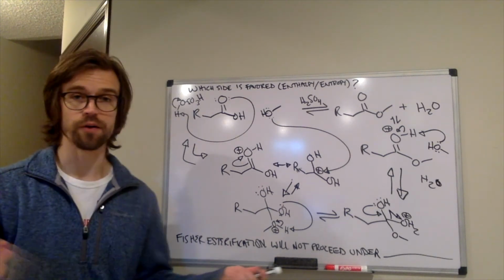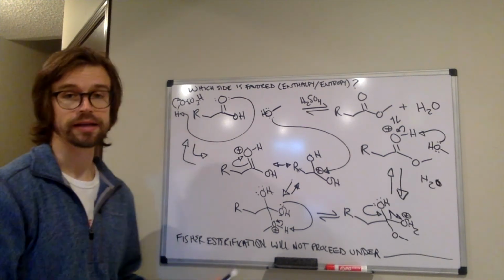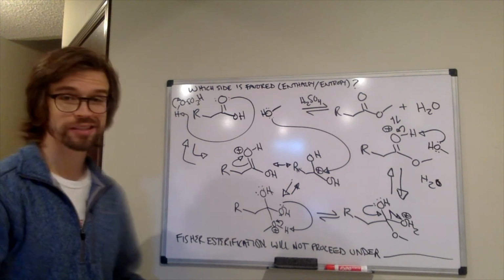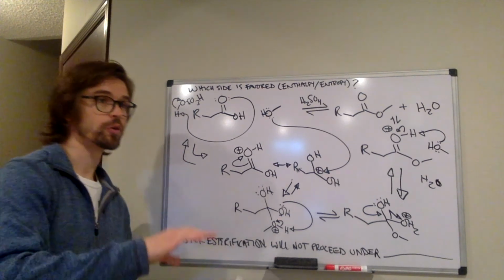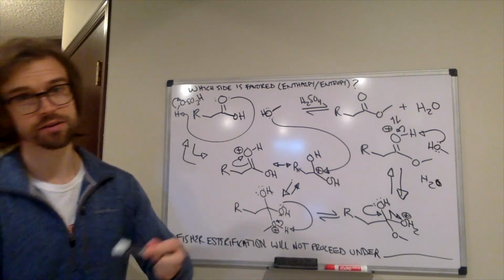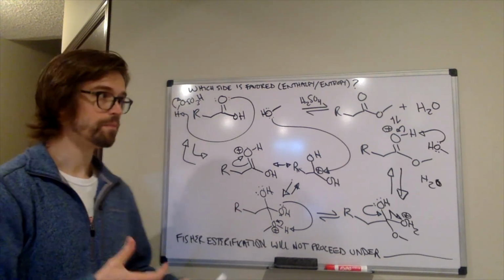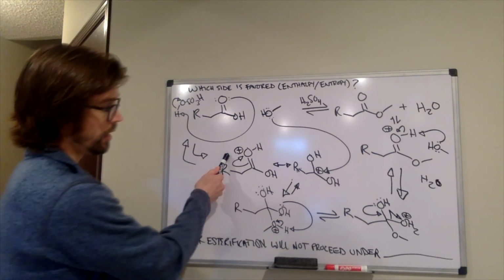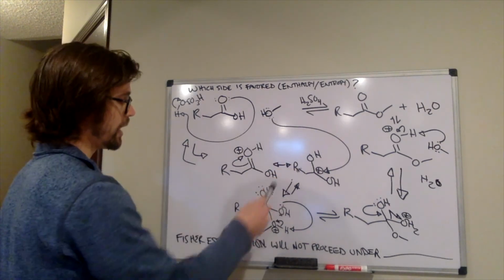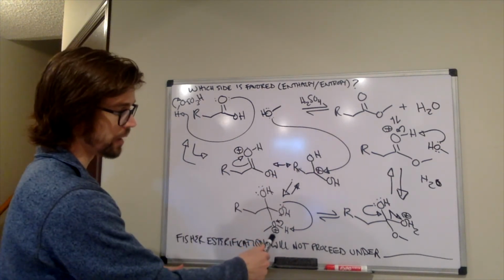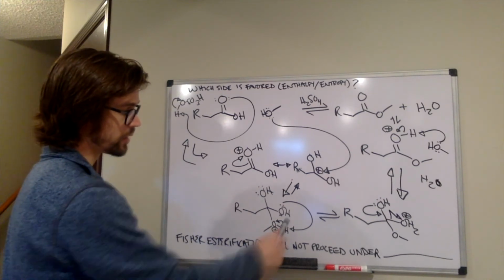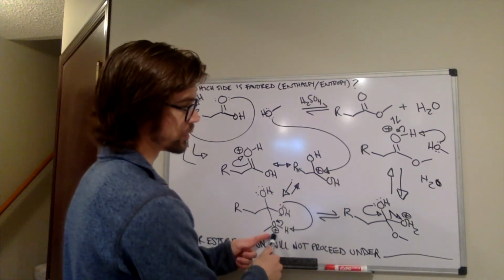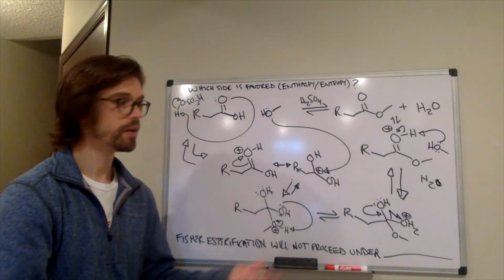So that is how the Fischer esterification works mechanistically. Essentially, it's a lot of just oxonium ion turns to oxonium ion, turns to oxonium ion, till we get to the final product. We have an oxonium ion here. Then the nucleophile adds in. Then this is an oxonium ion. We get a proton transfer. So this was the oxonium ion, now this is the oxonium ion.